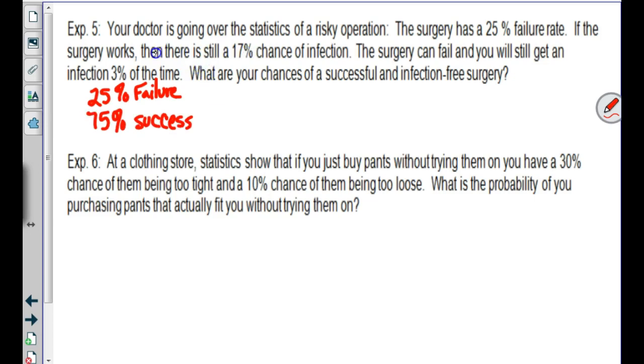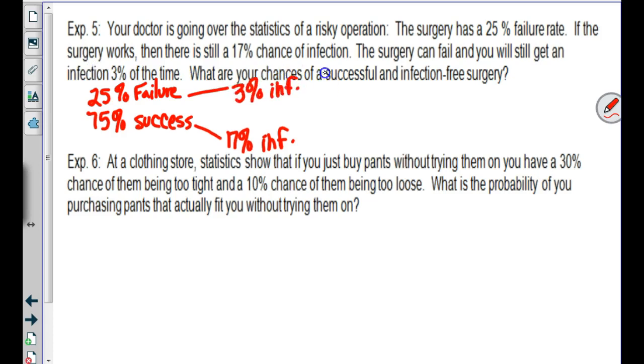If the surgery works, so that would be off of success, there's still a 17% chance of infection. The surgery can fail and you can still get an infection 3% of the time. So if you did failure, you could have an additional 3% infection.